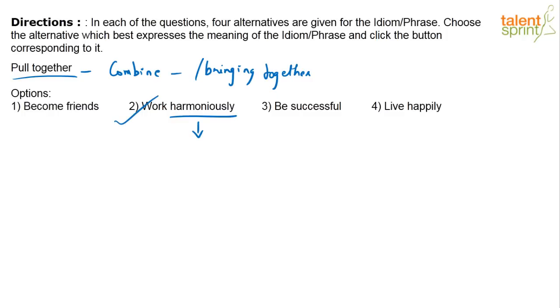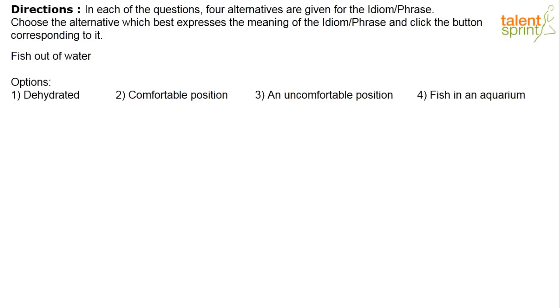Work harmoniously is the option there. So here we've just applied context clues, in the sense the clue itself is the context. Let's look at one more. Fish out of water. Now tell me, Prince, this is a question for you. What happens when you remove a fish out of the water?